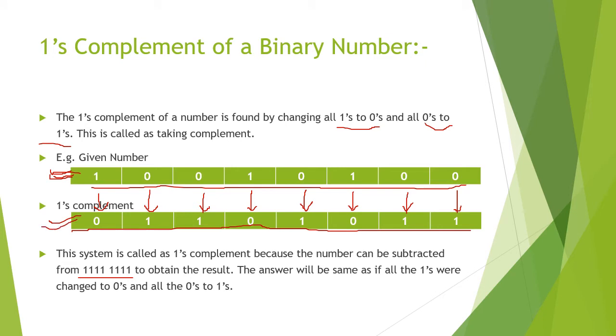This means if we subtract any number from all ones, then the result that we are getting is the ones complement of that number. So that's why this is called ones complement.